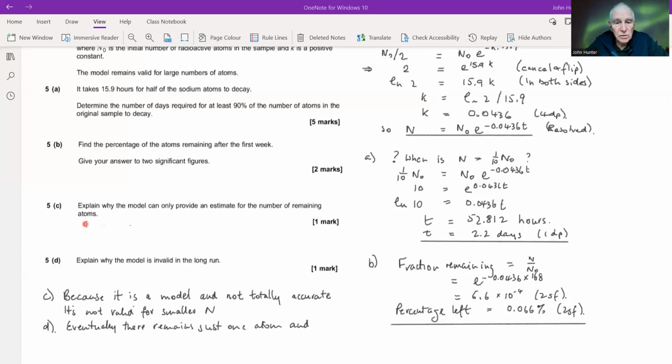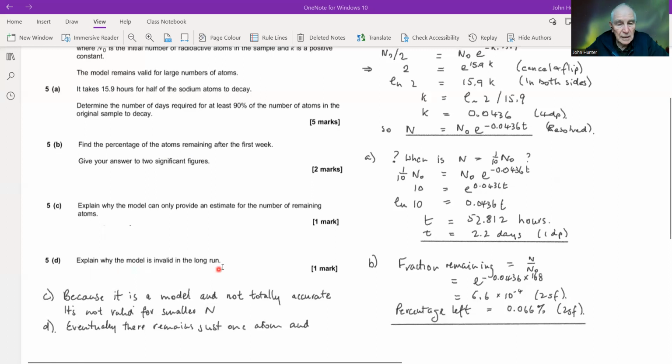The other thing is it's just a model. Models are generally an approximation of what's going on, because there are other factors involved that we don't include because of complexity. Either or both of those things would probably do as the answer.